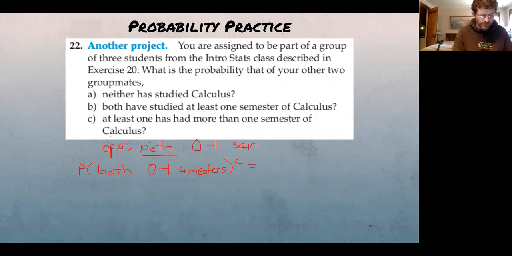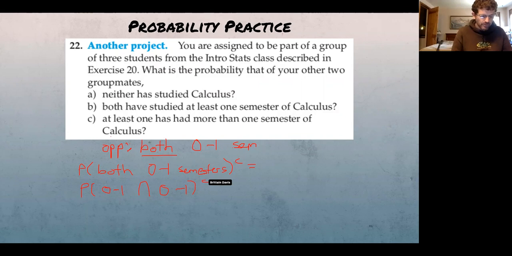Okay, so now I want to see how we can figure this out. The complement of both of them having taken 0 or 1 semesters. So that's going to be the probability that the first person has only done 0 or 1, and the second one has only done 0 or 1, and the complement of that.